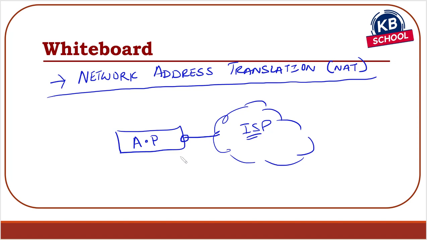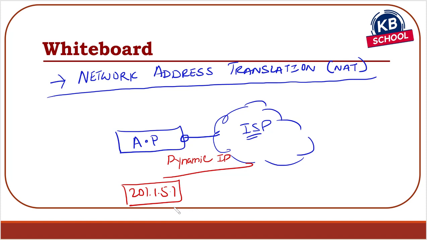What they did, rather than doing that, is they said, okay, let me go ahead and assign this end user an IP address, but I'm going to do it dynamically in the sense that I'm going to assign this address to him. Let's say the IP address that was assigned was 201.1.5.1. I'll assign him a single address, first of all. And not only that, if he's not using it, I'm going to take it away if there's an idle time that he's not been doing anything with that IP for a certain amount of time, and different ISPs have different timers for that, maybe 5 minutes or 10 minutes.